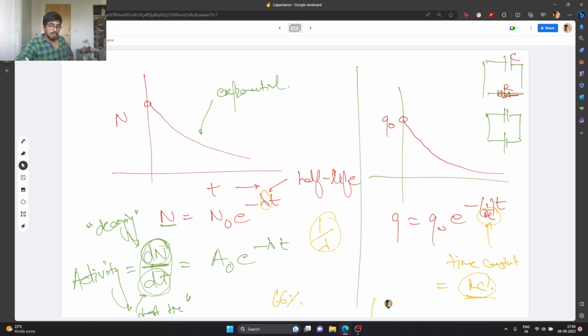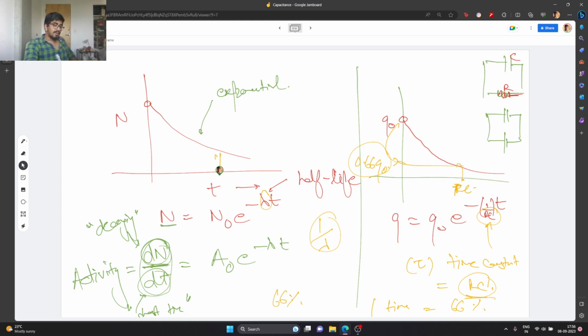So here in one time constant, or tau, we say 66% of the charge has gone away, so it becomes 0.66 of that Q naught here. So this is after one time constant RC.